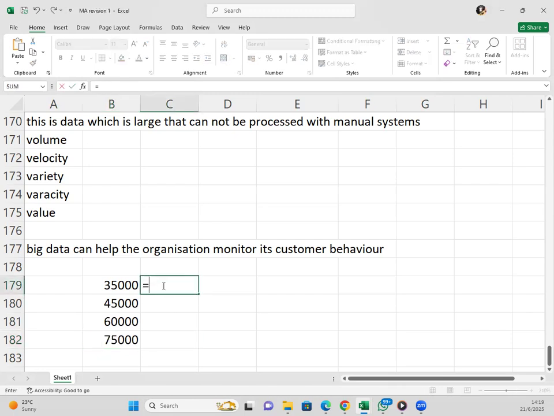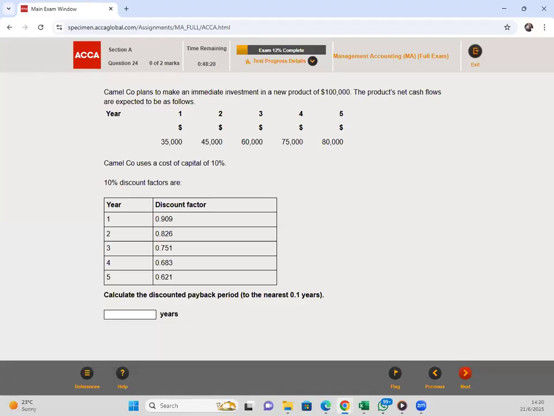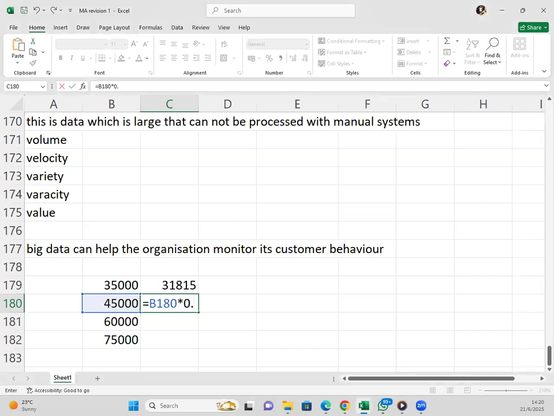Then what's the discounting factor for the first year? 0.909. Second year? 0.826.